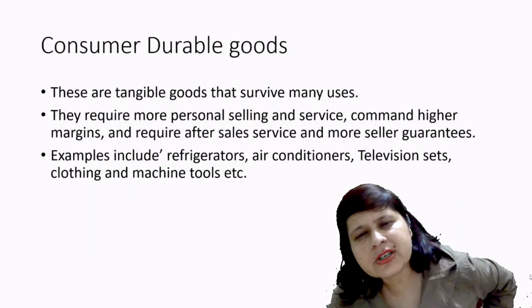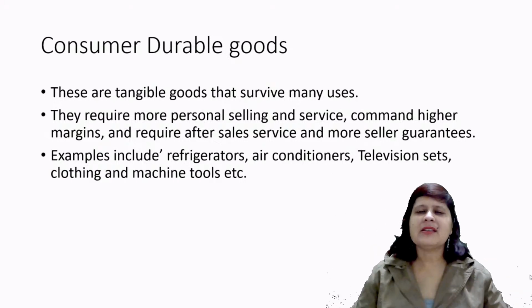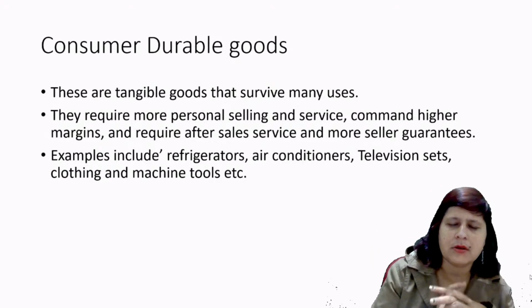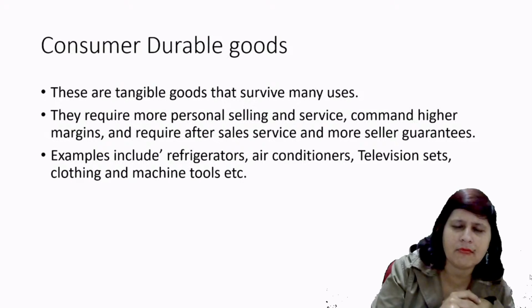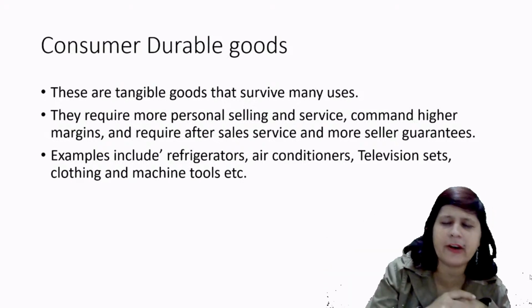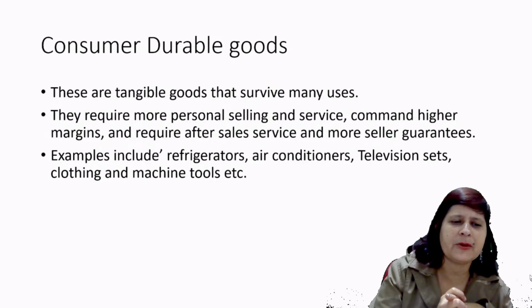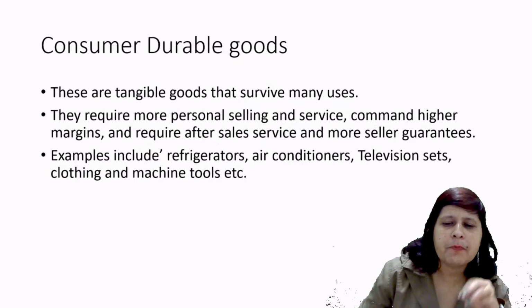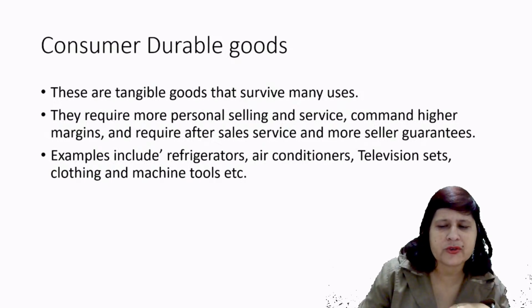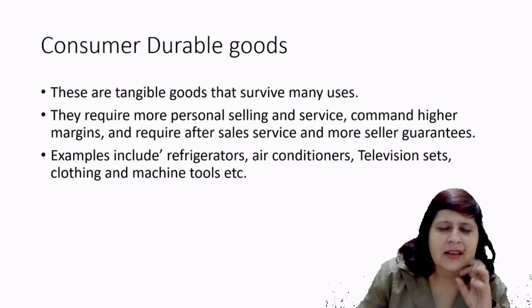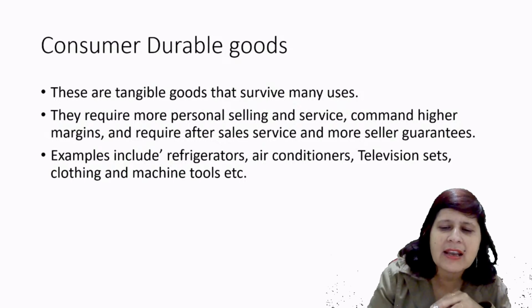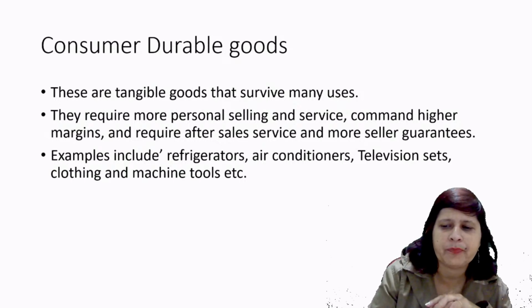Consumer durable goods are tangible goods that survive many uses. You can keep those products for a longer duration, right? So these are tangible goods that survive many uses. They require more personal selling and services. Rather than advertisements, more personal selling and services are required, right?